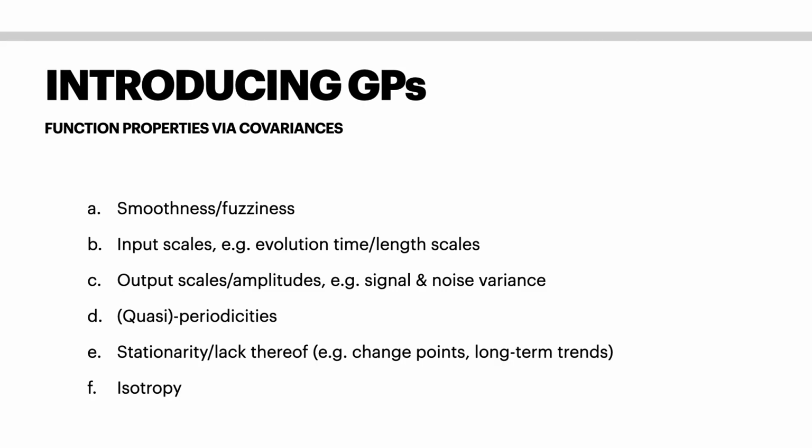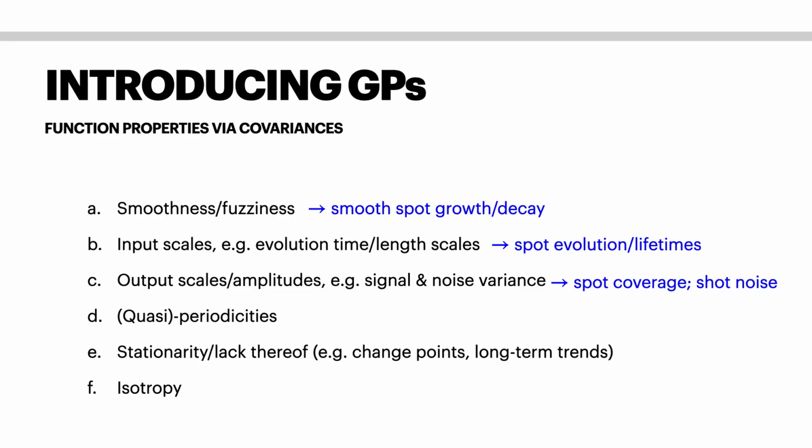Now this does require a different way of thinking compared to when you parameterize functions directly. But then a little reflection will reveal that many of these properties are exactly the sort of somewhat vague bits of knowledge we do have about stellar activity signals. For example, the smooth growth and decay of spots will give rise to smooth functions. Spot evolution times or lifetimes will determine the timescales of activity signals.